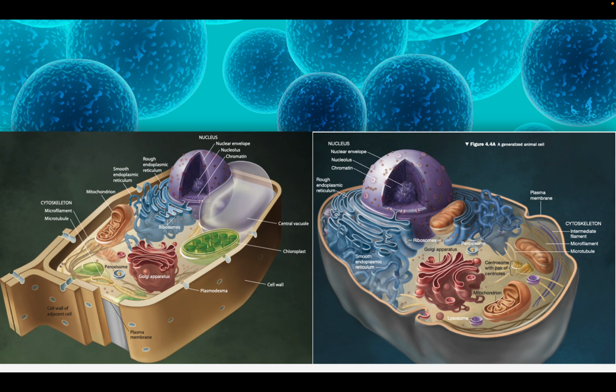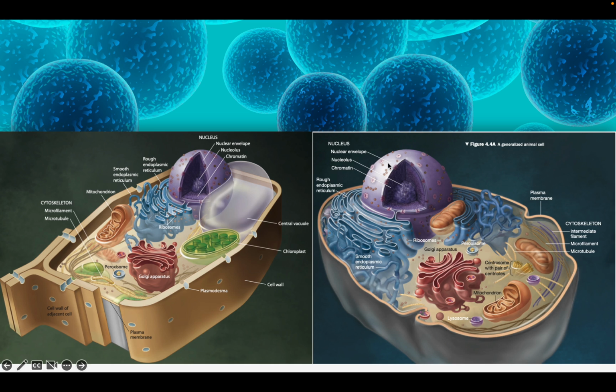So here are some of the organelles found in eukaryotic cells. So we have nucleus. What is the function of nucleus? It is often referred to as the control center of the cell. It contains genetic material in a form of DNA, which regulates the cell activities and stores the instructions for making proteins.